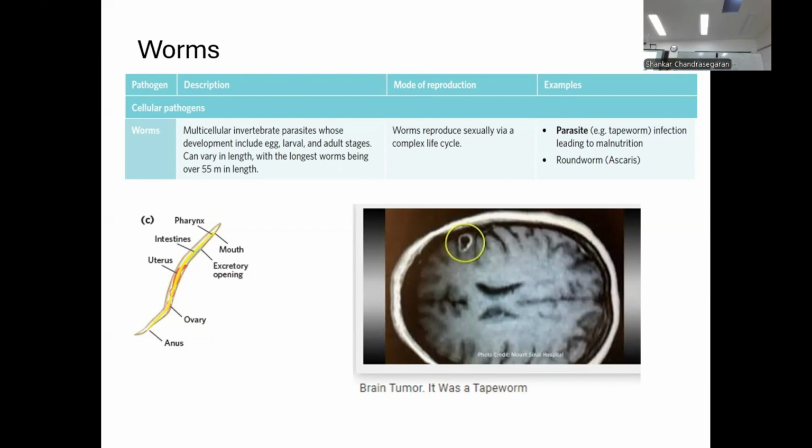With the tapeworm, think of it like something very similar to an insect. They basically reproduce sexually via a complex life cycle involving an egg followed by a larva, and then your adult stages. So this is very important to consider. They don't just emerge in the small intestine.